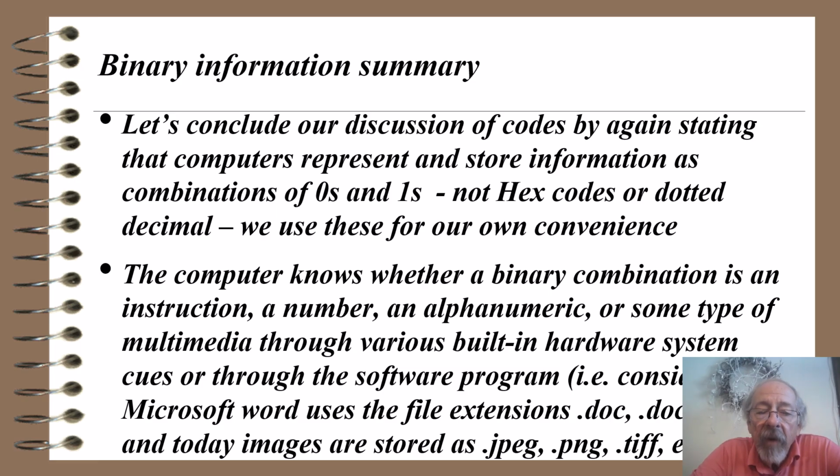That is, consider that Microsoft Word uses the file extensions of .doc, .docx, etc. And today images are stored as .jpeg, .png, .tiff, etc. So those are the cues that tell us what type of information is being represented by the binary zeros and ones.